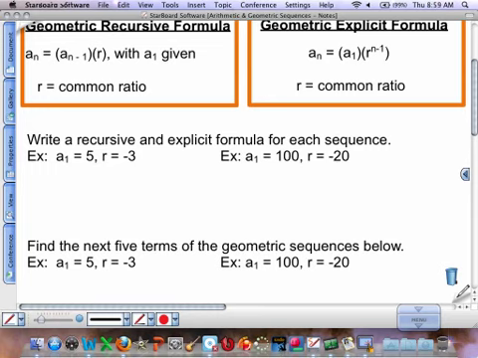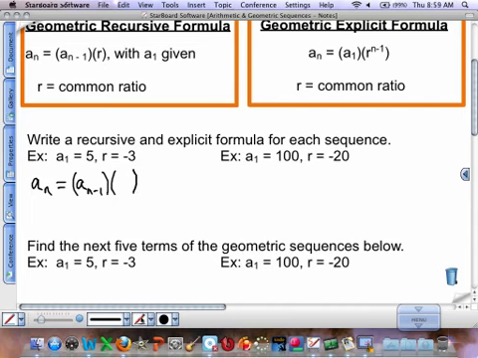So let's do our recursive. We know that a sub 1 is 5. We know that r is negative 3. So if we go back to the template for recursive, you're always going to have a sub n is equal to a sub n minus 1 times r.